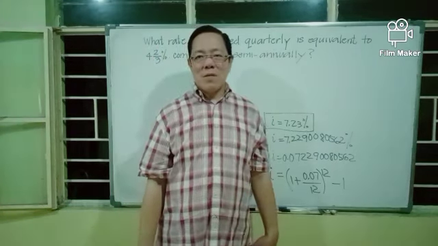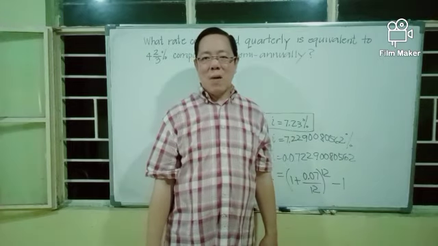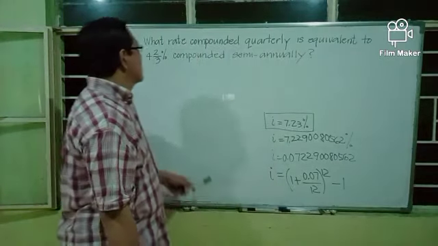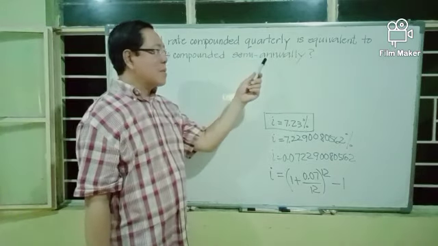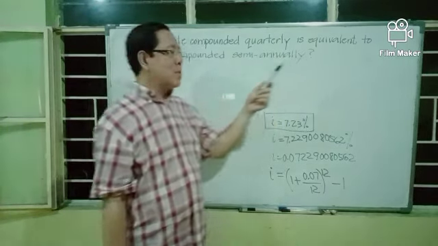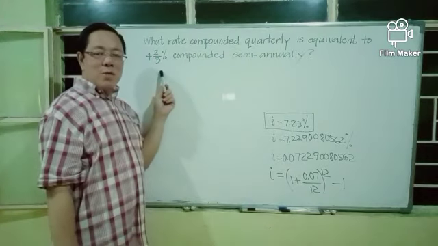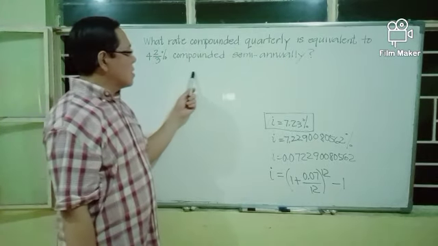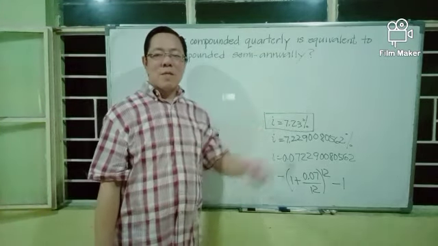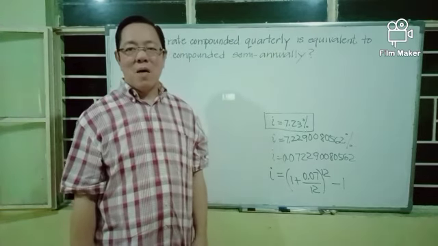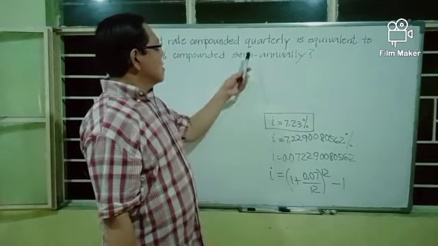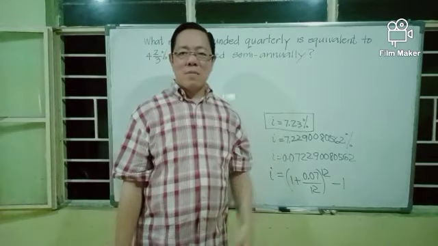We now consider the following problem for our example 2. What rate compounded quarterly is equivalent to 4 2/3% compounded semi-annually? In this problem, the unknown interest rate is a compound interest rate that is compounded quarterly.